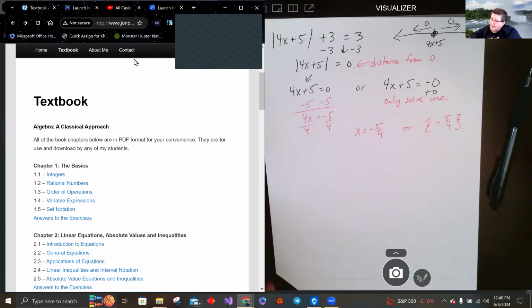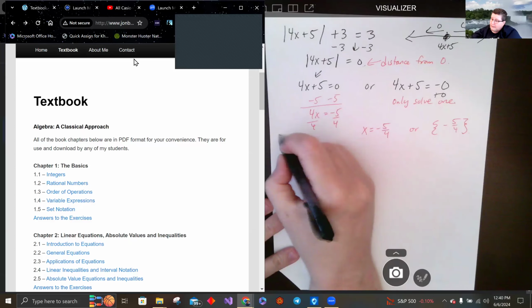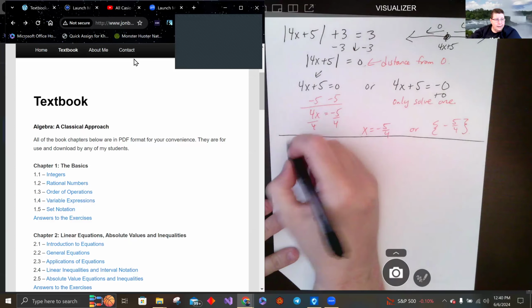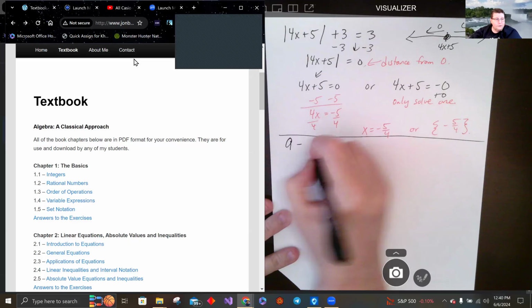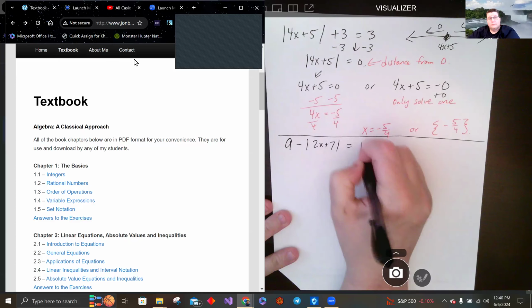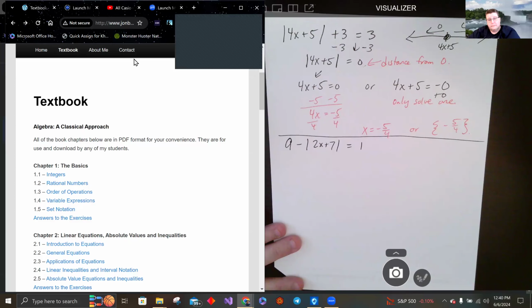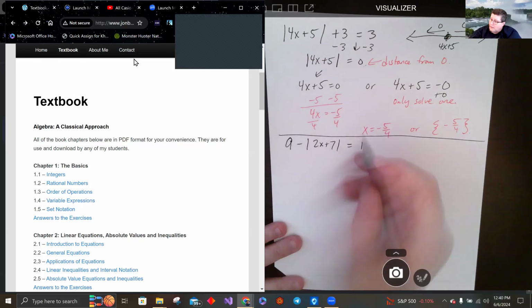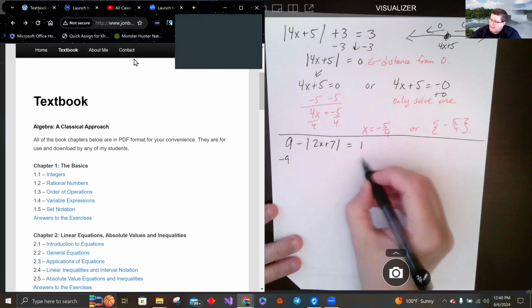What if I have 9 minus the absolute value of 2x plus 7 equals 1? Well, we can subtract 9 from both sides.